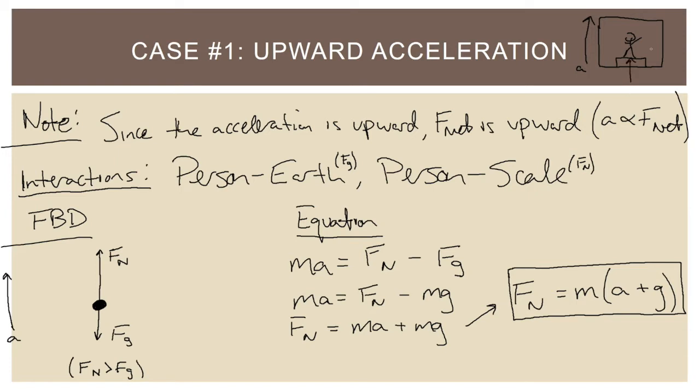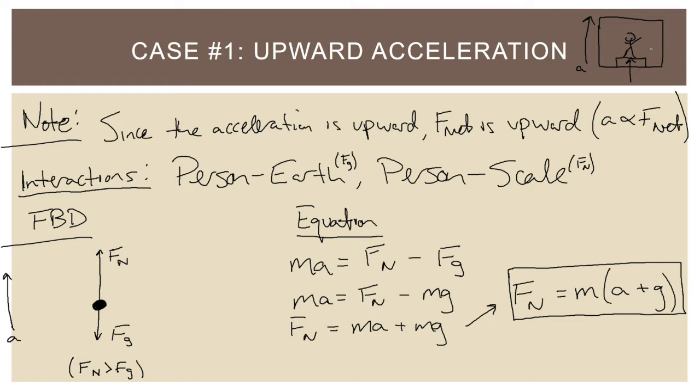And essentially all we're really saying is that when the person is accelerating upward more, the floor is pushing upward more on the person's feet. I think that makes pretty good sense. So here we have the normal force is equal to m times the sum of a plus g.